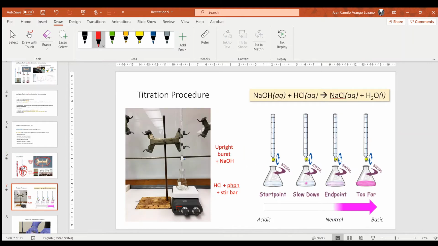The titration procedure, this is the basic setup. As I mentioned here, you have your burette clamp, you have your burette. Remember that this burette in this case is going to be loaded with sodium hydroxide. So that's what you have inside of the burette. That's the NaOH solution you have in there.